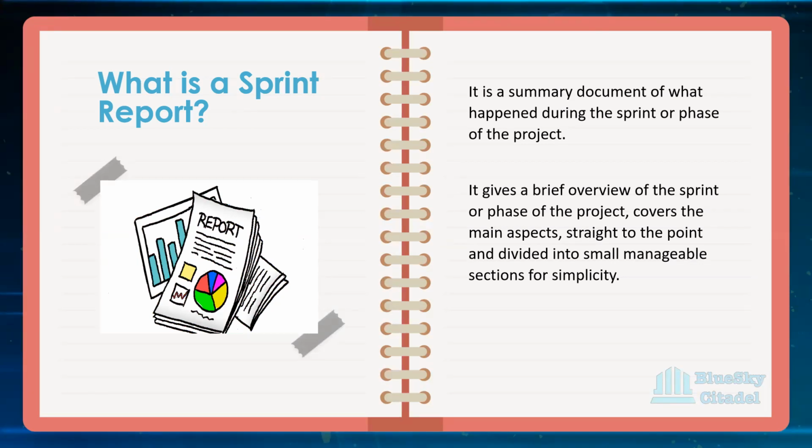It's a very straightforward report, because you don't want it to be too cumbersome for the audience that are going to read it. If it's too voluminous, it would discourage them from reading it. It's better to put it in divided, manageable sections, for simplicity.